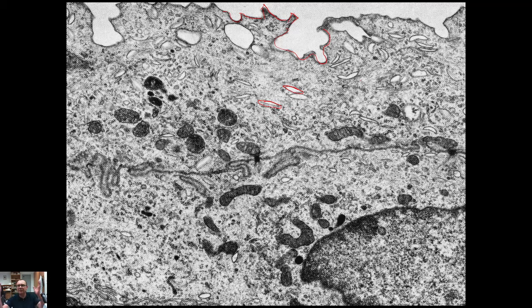And when the organ is dilated, and you know that urinary bladder can be sometimes very much dilated, these fusiform vesicles disappear, and the area of the apical plasma membrane becomes much higher, much wider.